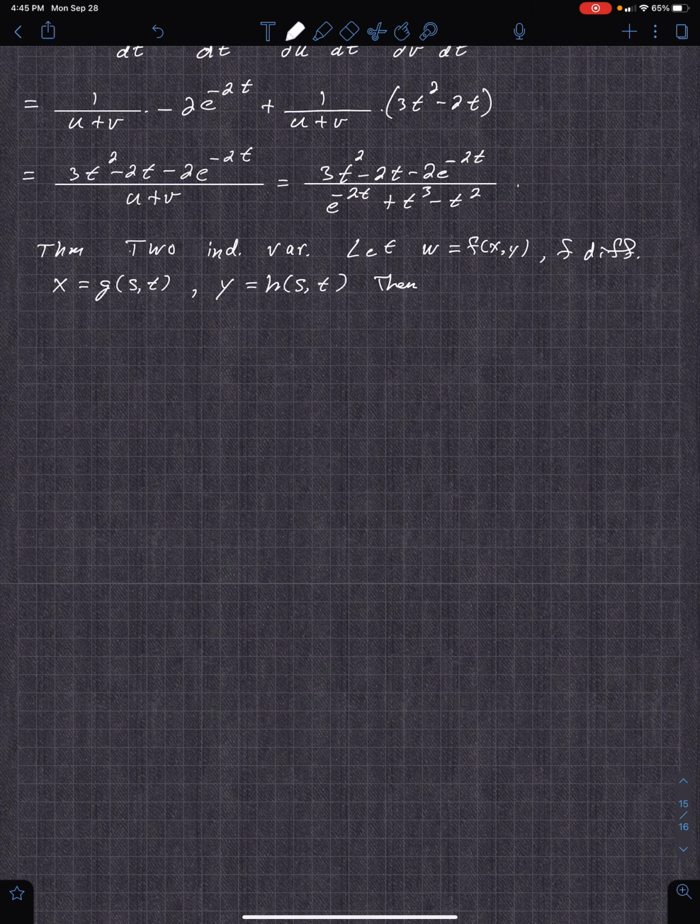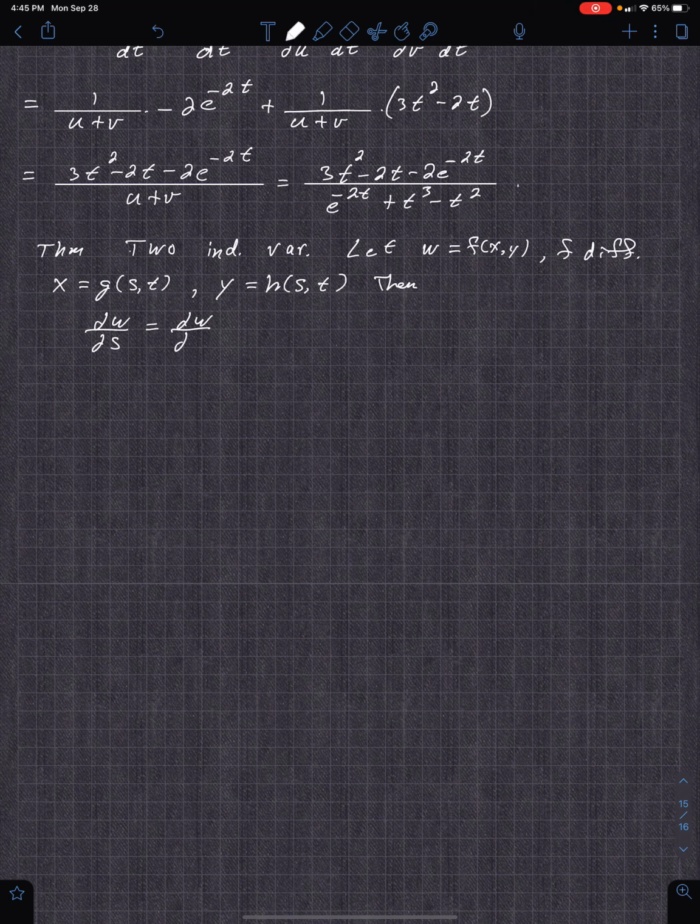So we say partial of w, and you have to pick now one or the other. Is it going to be s or is it going to be t? So partial w with respect to s is equal to, and then the same principle here. We're going to say the whole thing first, so that's partial w with respect to one of those variables, so x.